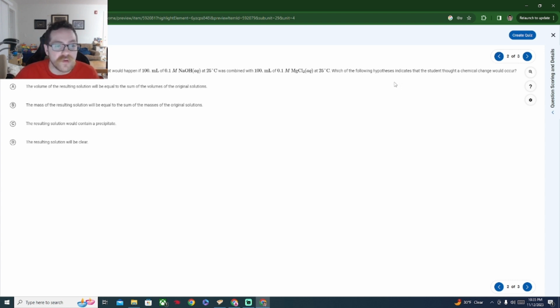A student was asked to formulate a hypothesis about what would happen if 100 milliliters of 0.1 molar NaOH was combined with 100 milliliters of 0.1 molar magnesium chloride at 25 degrees Celsius.